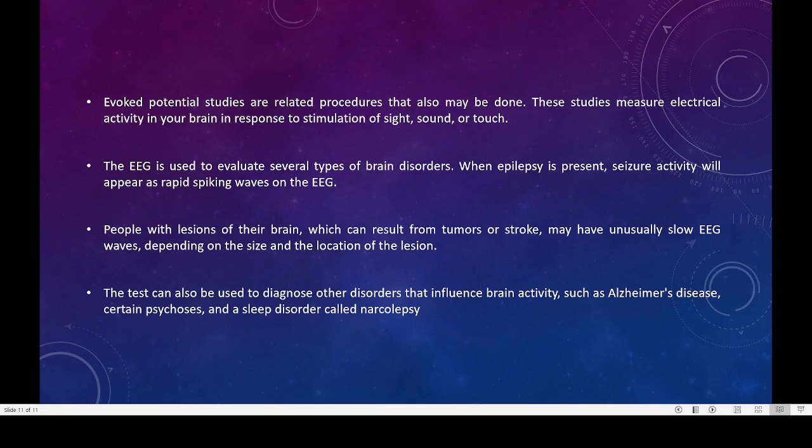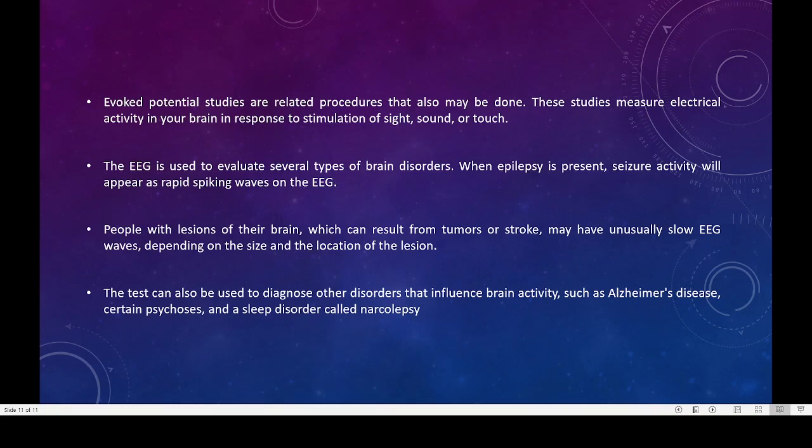All these will be reflected in the way electrical current is produced by your brain, and that is the useful part of the EEG. Based on this, we can easily detect how the brain is working, whether the brain is normal or everything is fine. So these are some of the advantages of using EEG.